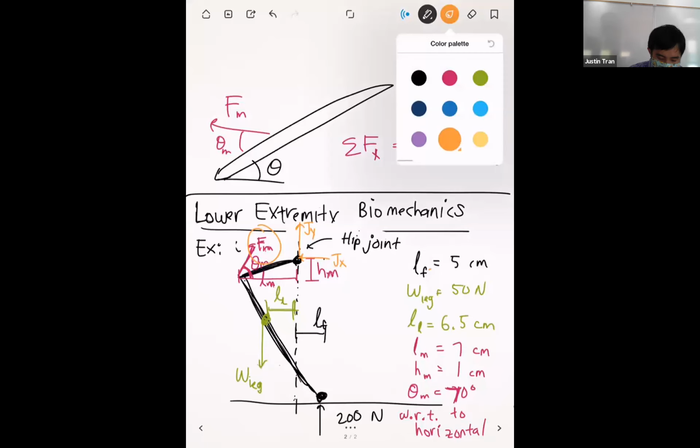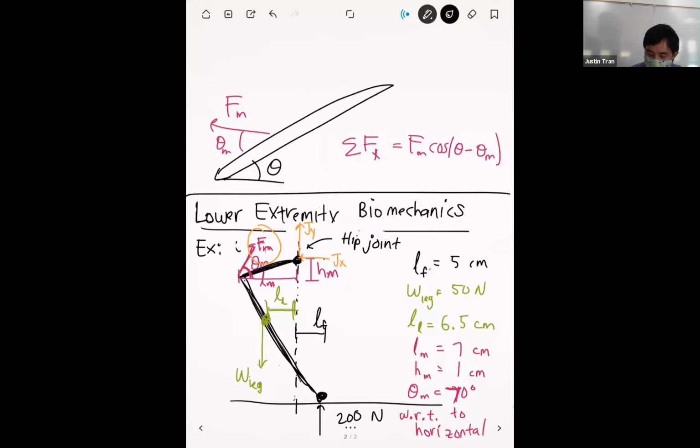Okay. All right, so let's go ahead and do our classic statics methodology. We're going to sum up all the forces in the x direction, sum up all the forces in the y, and then set it equal to 0. So for the sum of the forces in the x direction, we only have 2 in this case.